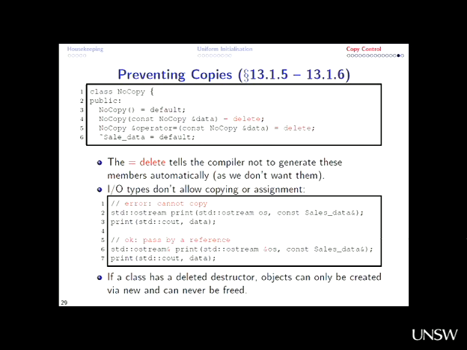So how do we prevent copy? Say if we wanted a class you simply can't copy. Well, you can delete functions. So here's a class called noCopy. The default says generate the default version. So noCopy equals default just says to the compiler, go generate the default version of this thing.